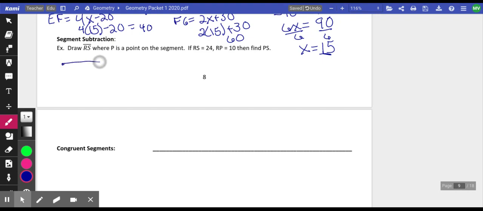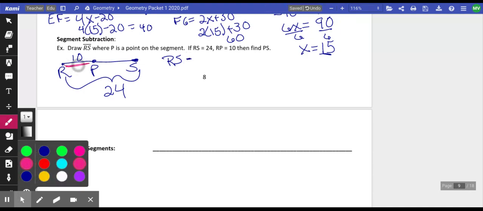So if we have RS, where P is a point on it, and we know RS is 24, so that's our whole, and RP equals 10, we can say that RS, the whole thing, minus this pink little part, RP, equals what's left, PS. It's really just rearranging it and doing it differently. So here it's 24 minus 10 equals 14. So PS equals 14.